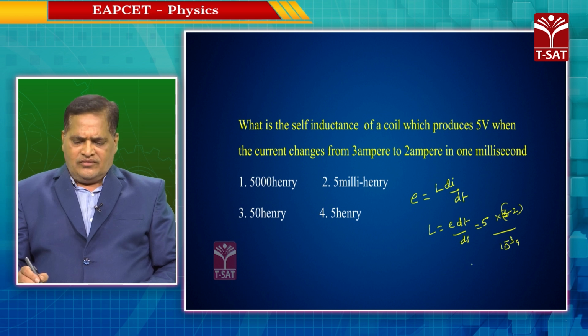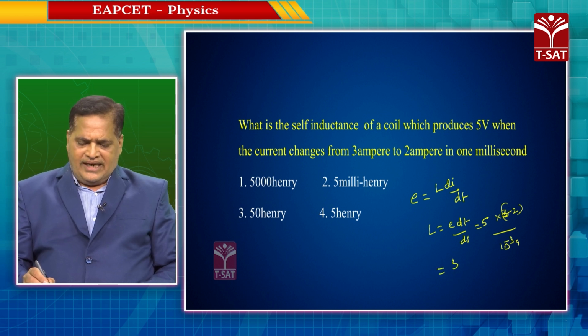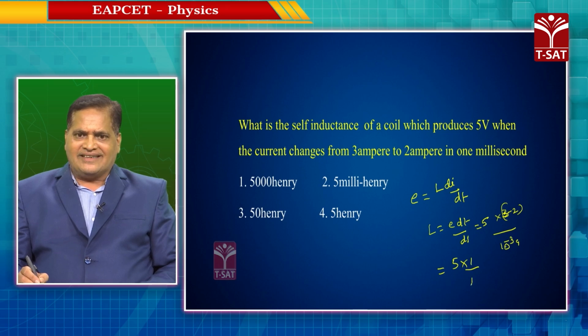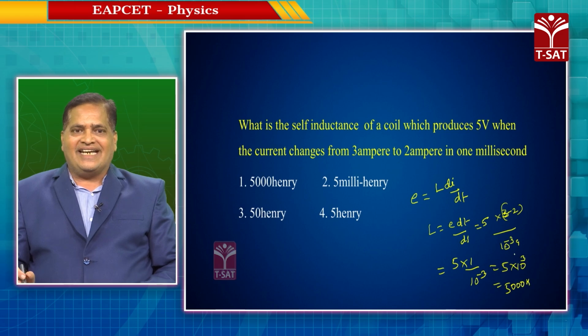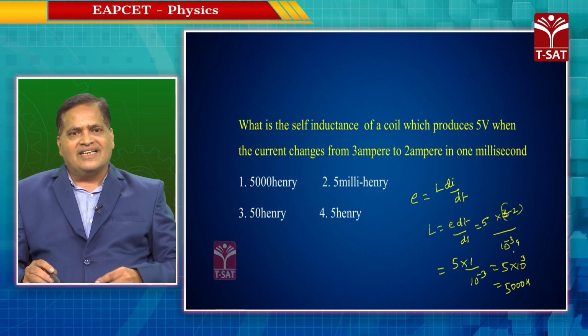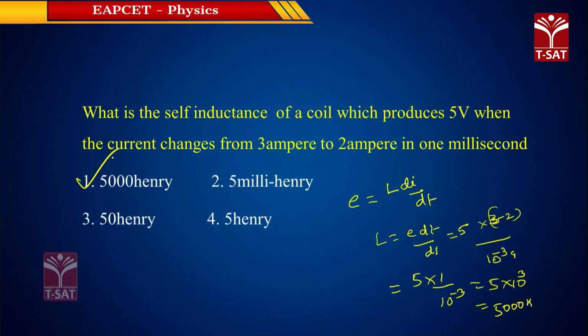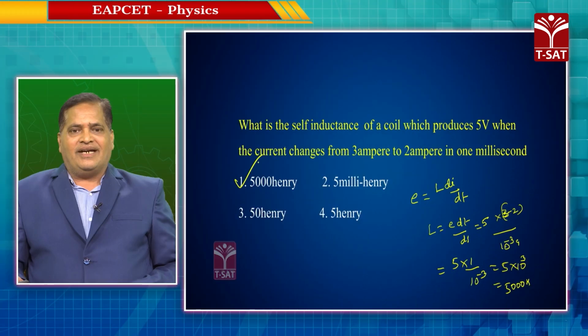Calculate the value: 5 into 1 by 10 to the power minus 3. Therefore this value is 5 into 10 cube. 10 cube means 1000, 5 into 1000, 5000 Henry. Here the first option. Here this formula is the most important: E is equal to L di by dt.